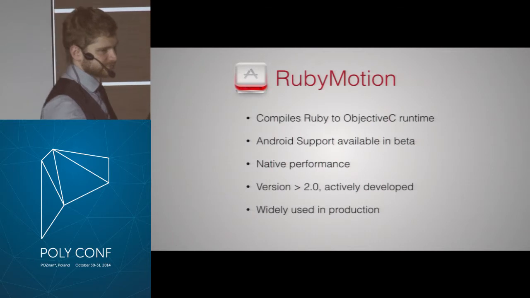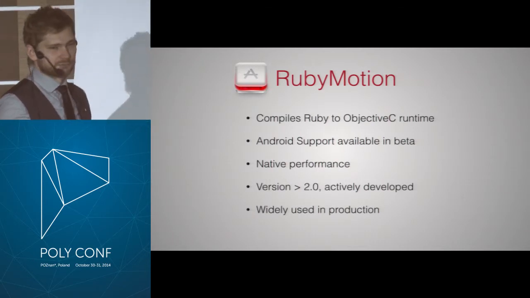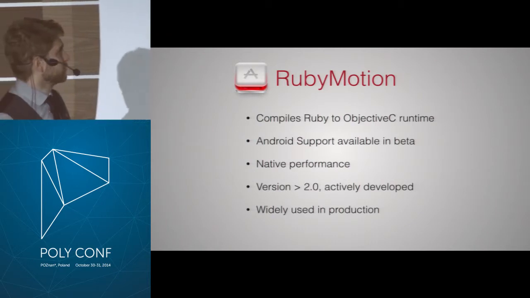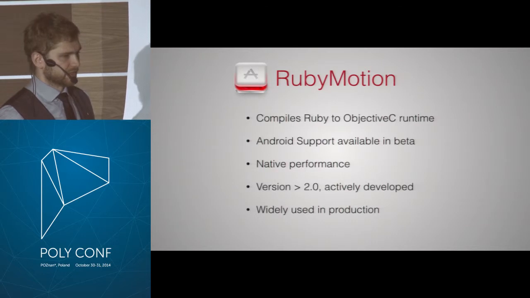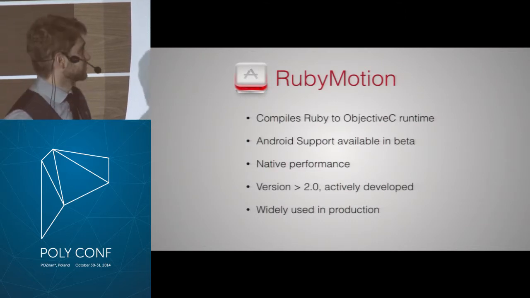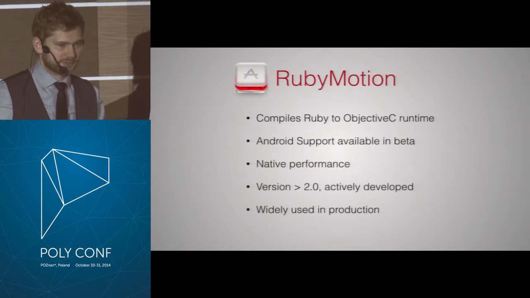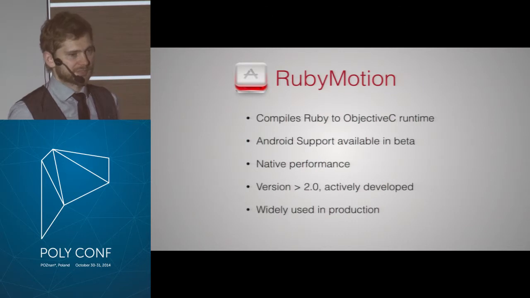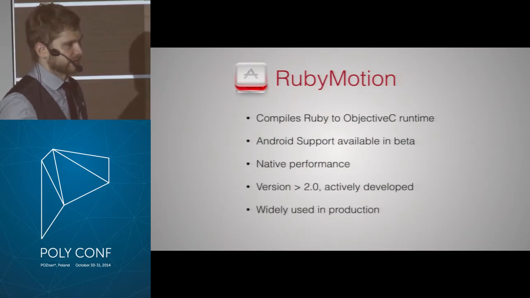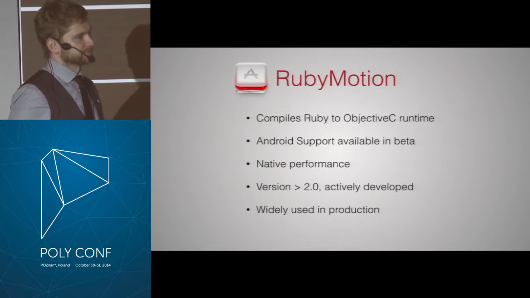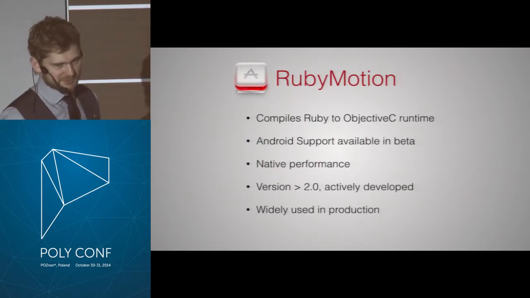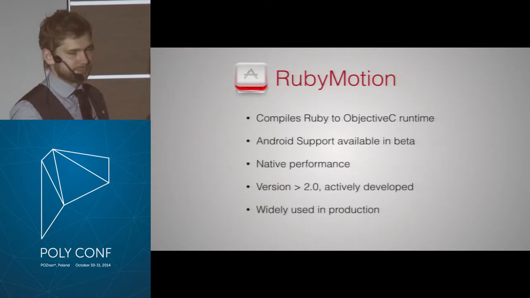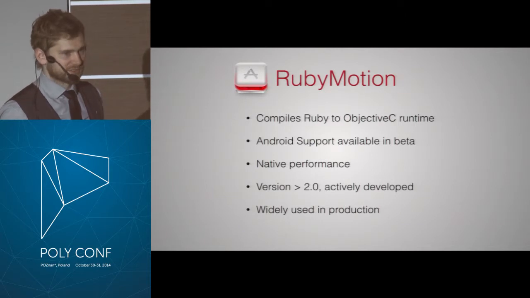There is RubyMotion. And this is pretty cool, because RubyMotion is also a compiler for Ruby, but it compiles Ruby to the Objective-C runtime. And it works pretty well. Right now there is almost version 3.0, and it's pretty stable when it comes to Objective-C. So a lot of applications are already written, and it is a great alternative for Objective-C or even for Swift, because we can use some of our Ruby code in Objective-C libraries.